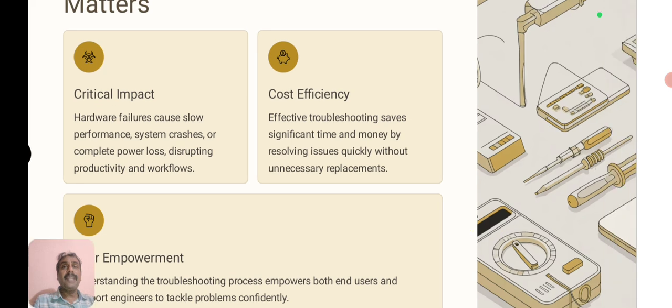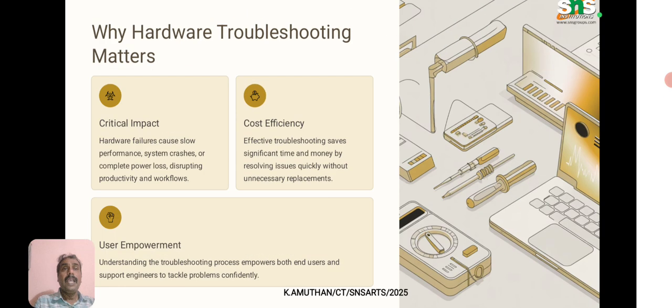It has a critical impact. Hardware failures cause slow performance, system crashes, or complete power loss, disrupting productivity and workflows. Cost efficiency: effective troubleshooting saves significant time and money by resolving issues quickly without unnecessary replacements.